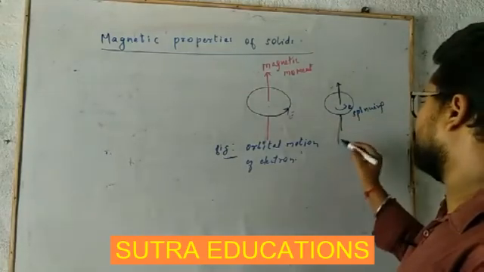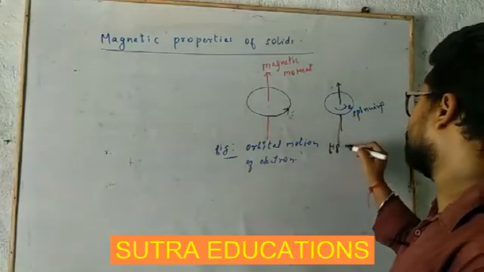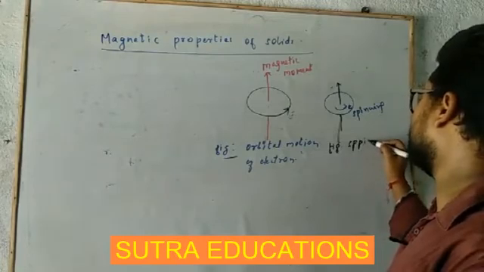So in this figure, spinning of electron is shown.